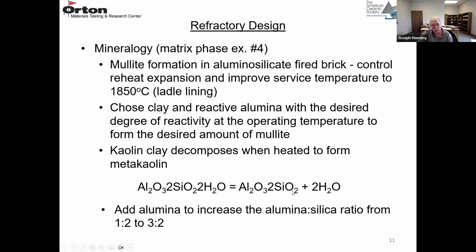It forms metakaolin, which is Al2O3, 2SiO2, and then the water of hydration also comes off. So you need to add alumina to convert this metakaolin to mullite. You just have to add the right amount of alumina to increase the alumina silica ratio from 1 to 2 to 3 to 2.